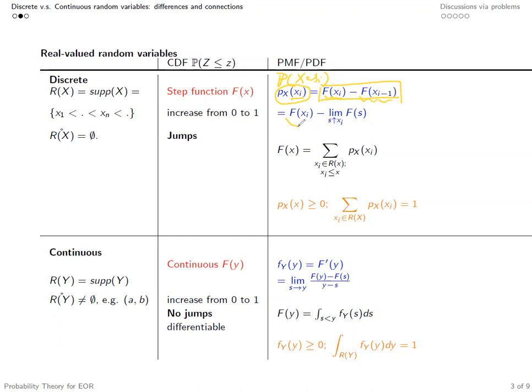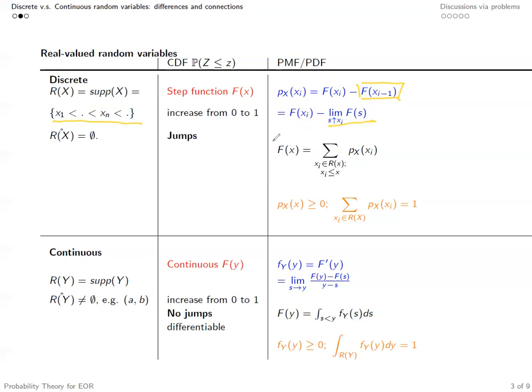It can also be rewritten as the difference between F(x_i) and the left limit F(s) with s approaching x_i from the left. For a discrete random variable, this left limit is essentially equal to F(x_{i-1}), given we order all possible outcomes in increasing order.